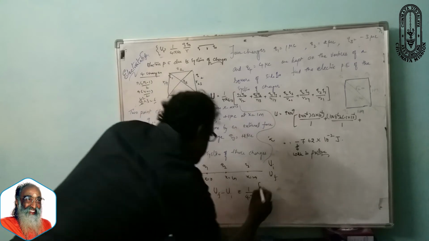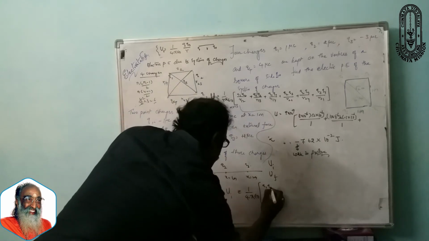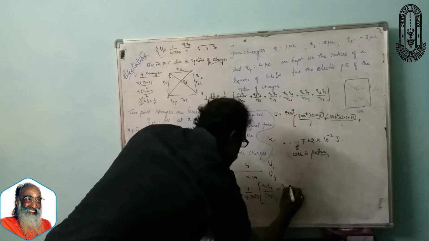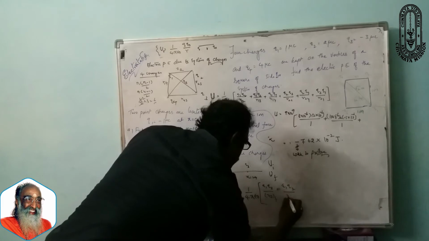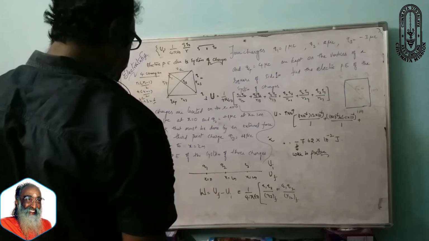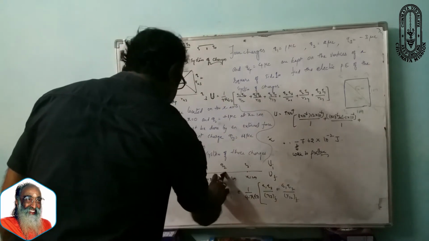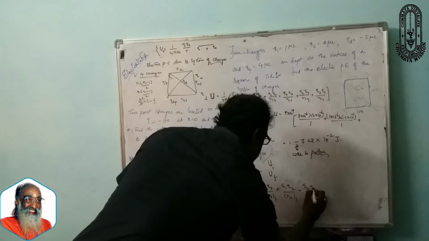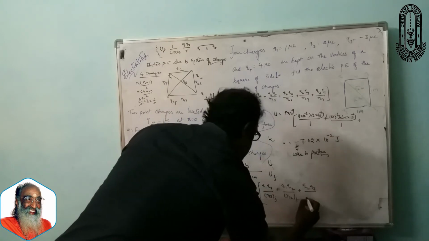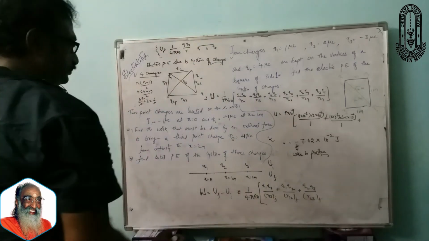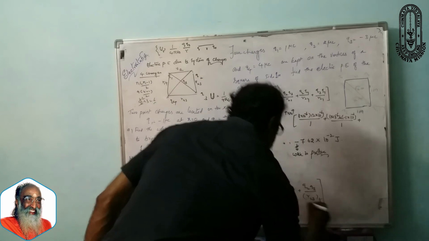So it is Q1 Q3 by R13 final, plus Q1 Q2 by R12 final, the one between this and this. Next Q2 and Q3, it is Q2 Q3 by R23 final. So these three we are going to get here.